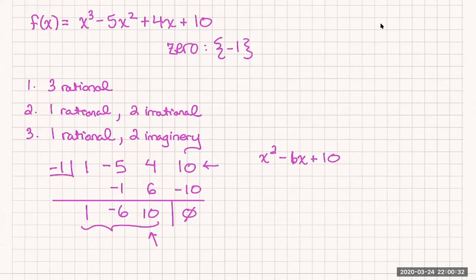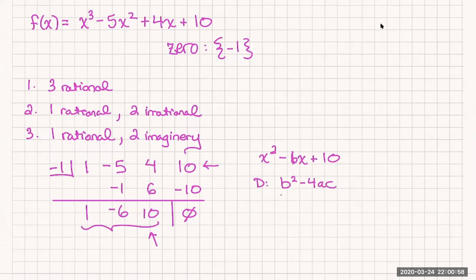Now, can it be factored? Well, that's the next question. If it can be factored, that means I have more rational solutions. So I need to know if I can factor this or not. I can ask, can I think of two numbers that multiply to give me 10, but combine to give me -6, or I can find the discriminant. Remember the formula for the discriminant is b squared minus 4ac.